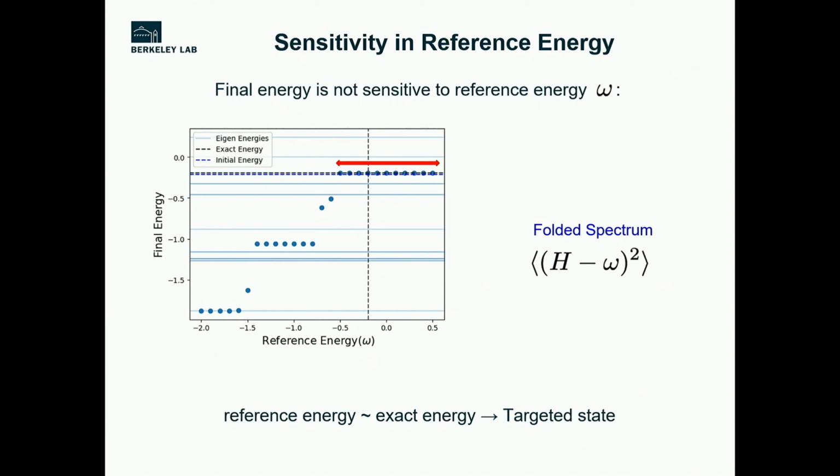That's the Hartree-Fock state that I start from, and then I optimize, and I know the excited state is here. But even if I provide an omega to the left or to the right, it will still find the targeted state, which is good. After a point, it will lose track of that, but having this much robustness in omega is a good feature of this method.